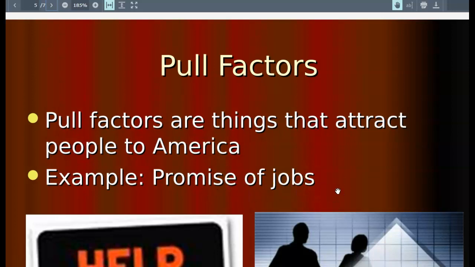Promise of jobs is just one example. There are other examples, like a better life in general, better opportunities for your children, things like that. Those are all pull factors.